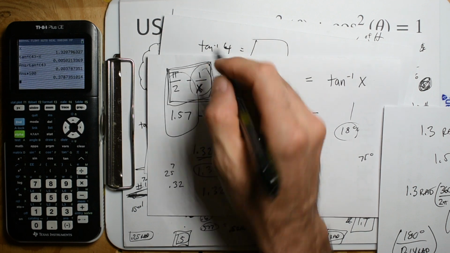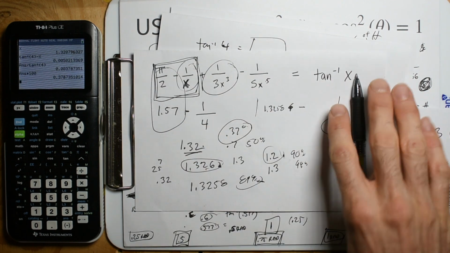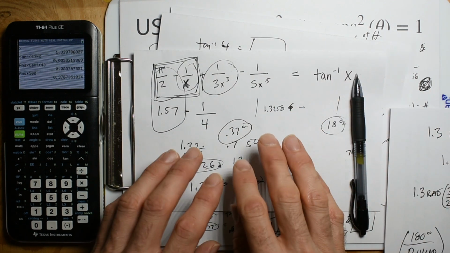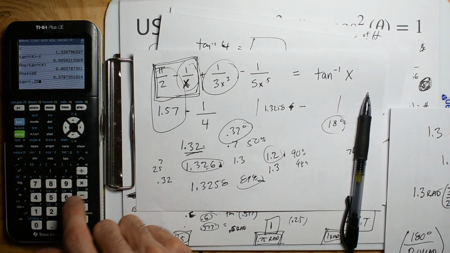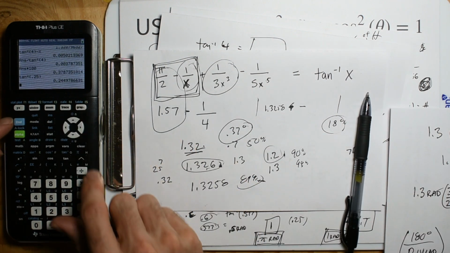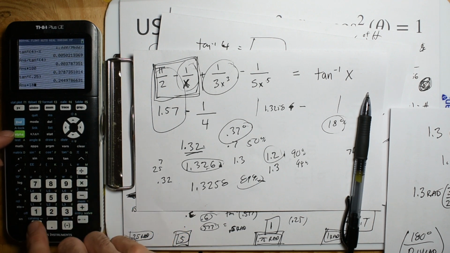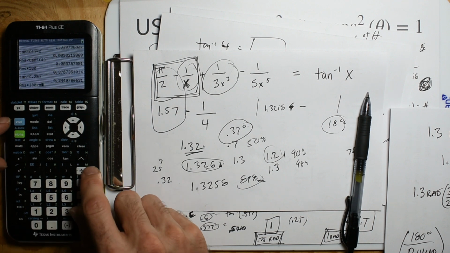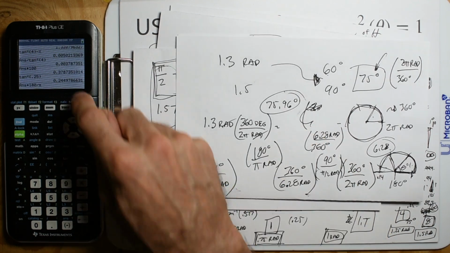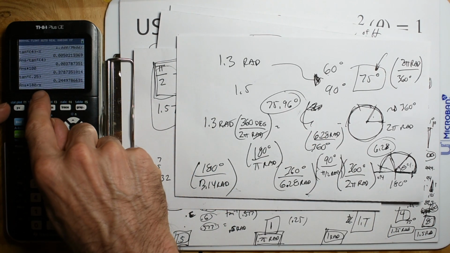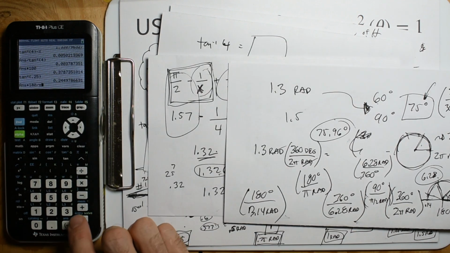And now let's pick something that's really small. So we're going to do the inverse tangent of 0.25. This gives us this angle, so we're going to go times 180 divided by pi. We're using a trickier one because this is in radians, and we're going to divide by the pi radians in a 180 degree circle.